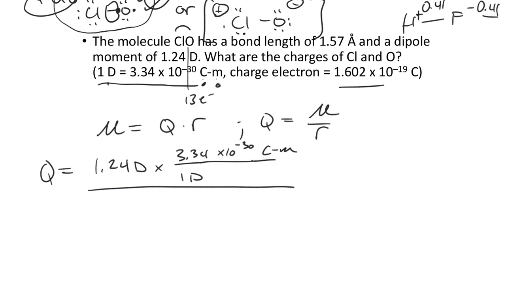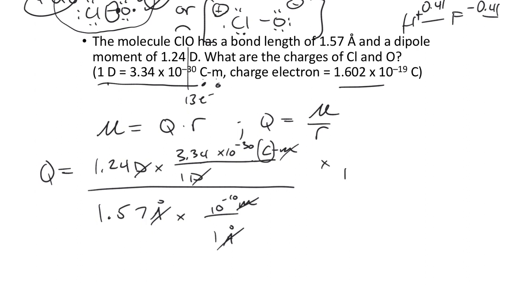Then we're going to divide that by the bond length, 1.57 angstrom, where 1 angstrom is 10 to the minus 10 meter. If we stop and calculate at this point, we'd have the charge of the atoms in units of coulombs. Well, let's go over to the charge relative to the charge of an electron.